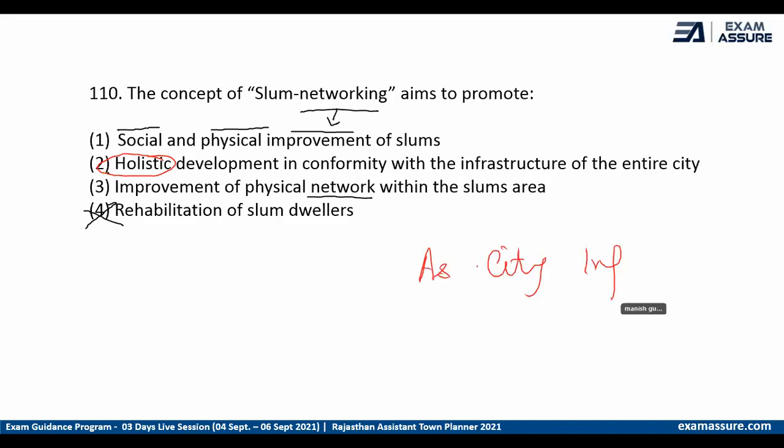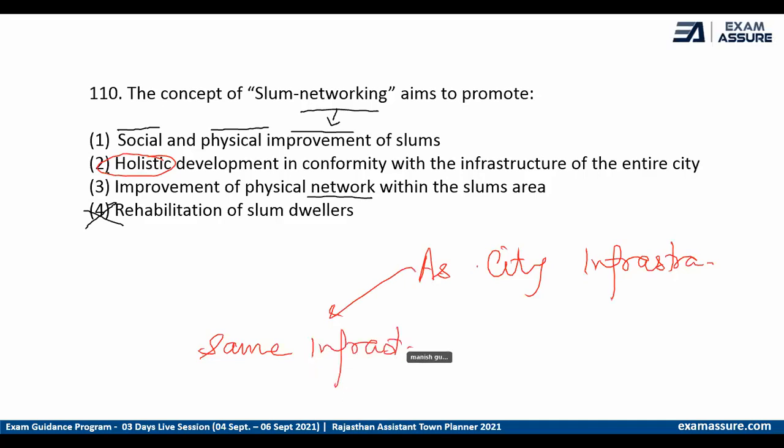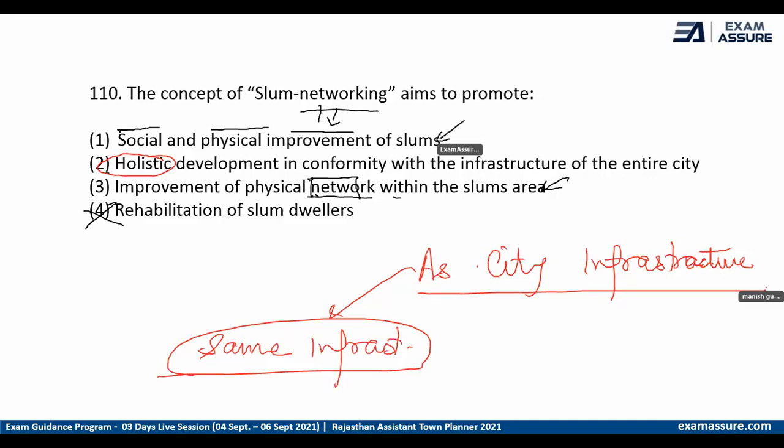Networking symbolizes that the slum is getting well connected with the city. The other options are only words to confuse you, and if you think logically, they are not really what the concept would be, which is to promote something.